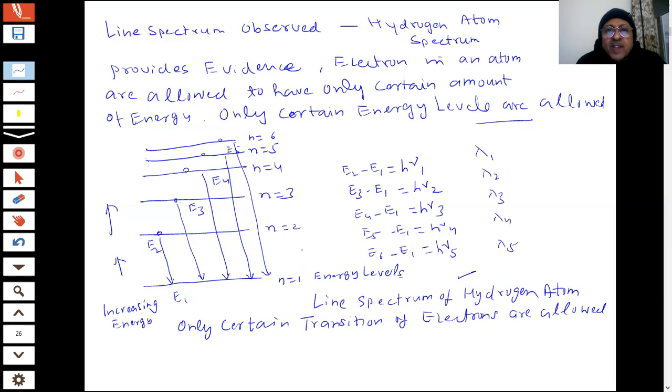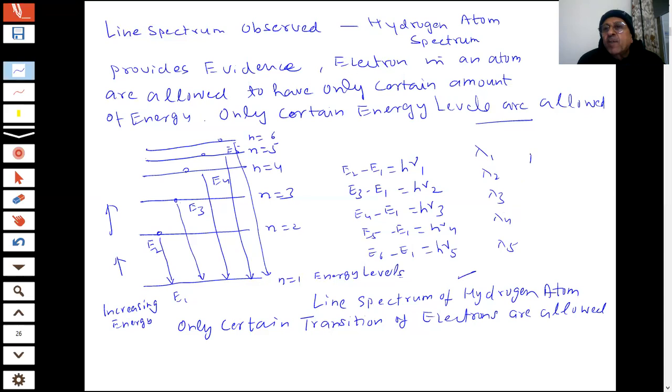These are the experiments. The lines were observed, student, not only in the visible part. There are different series which we will explain. The lines were also observed in UV, in IR. So the visible spectrum was studied. After that, in between, a large number of scientists were studying. As I said, the spectral lines for hydrogen fall in the Lyman, Balmer, Paschen, Brackett, and Pfund series. Ultraviolet.